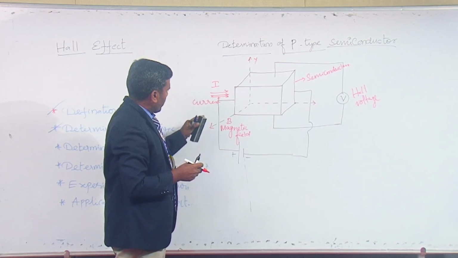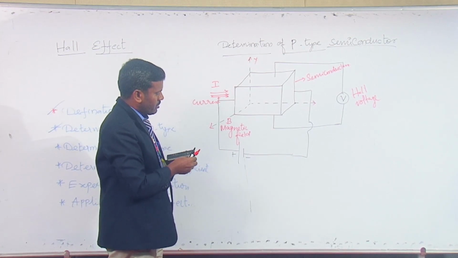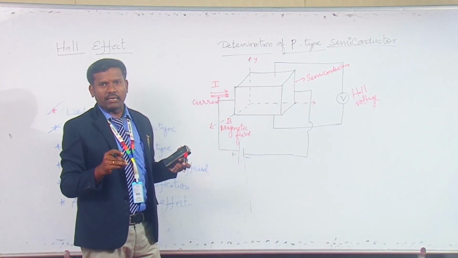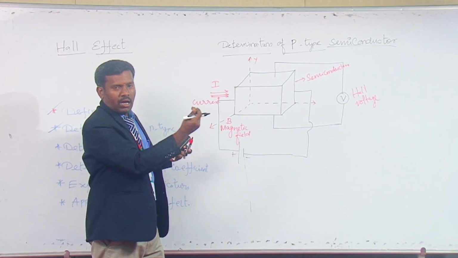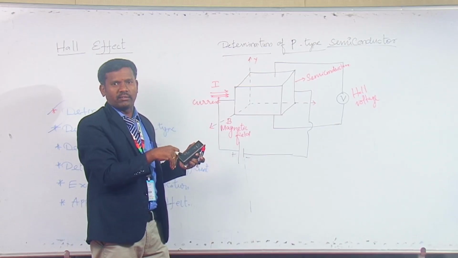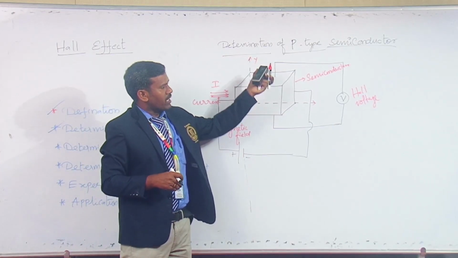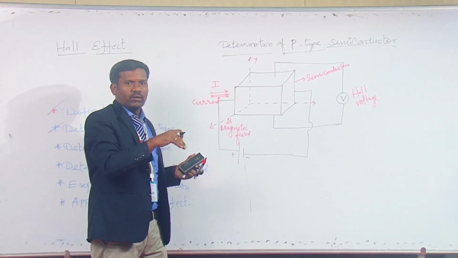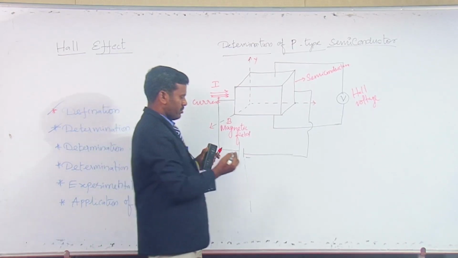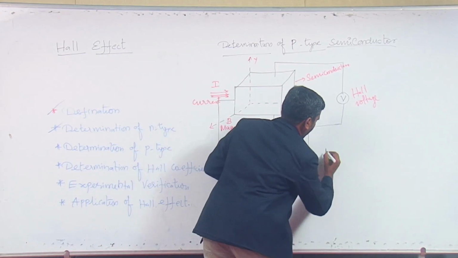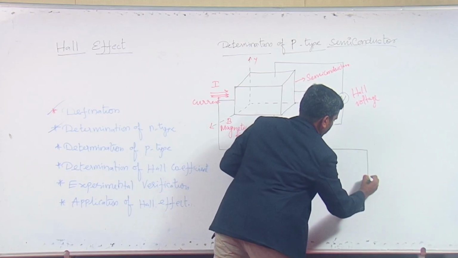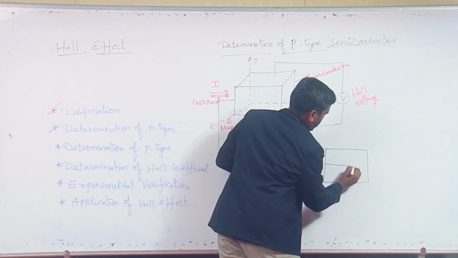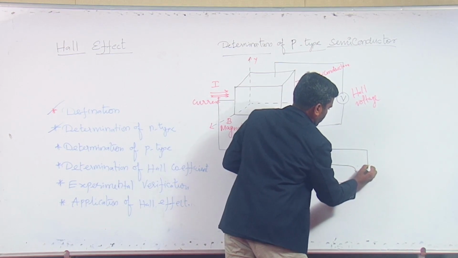Now, when I apply the current, the electrons move from left to right. In an n-type semiconductor, the electrons move from right to left, towards the downward direction. In a p-type semiconductor, the holes move from left to right, towards the downward direction.